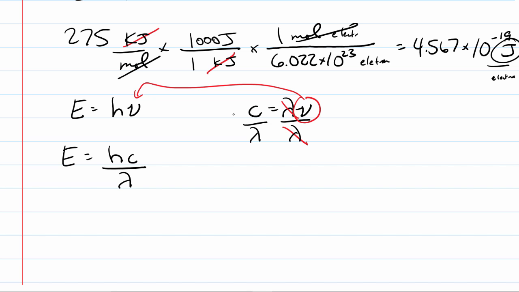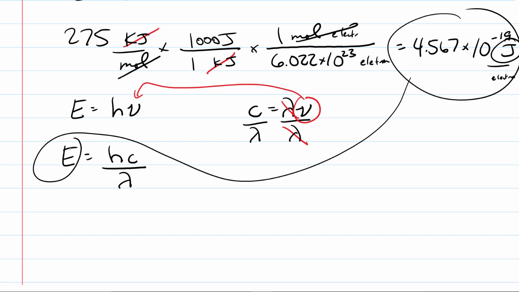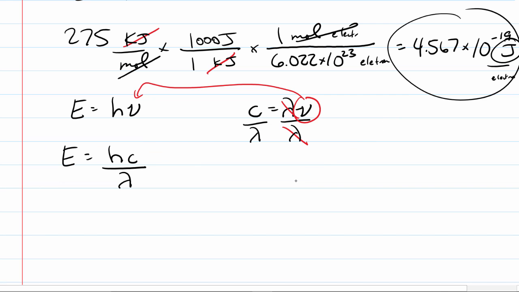Now we're in a good position because we know what the energy is. That energy is right here. We know what h is because h is a constant. We know what c is because c is a constant. The only thing we don't know is the wavelength. So my recommendation always is to solve for the variable first. The variable here is on the bottom. We want to get it on the top.